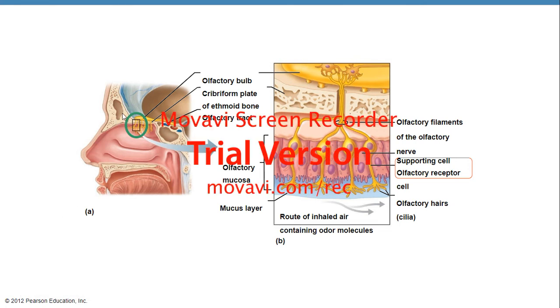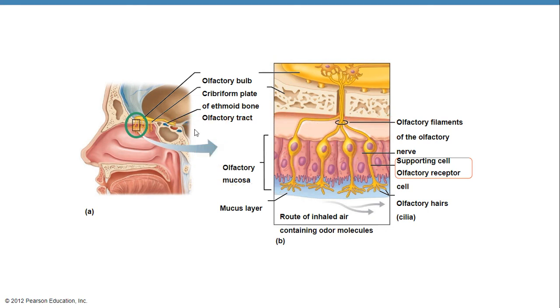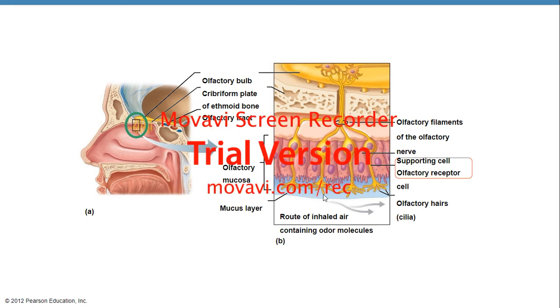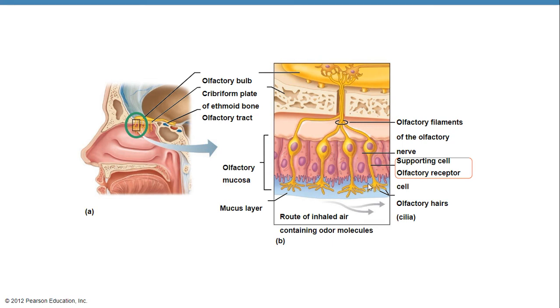And this is showing you the olfactory bulb, and then it's showing you how the smell has to be dissolved in the mucus layer, okay, and then you have these supporting cells with olfactory receptors that can sense those diffused chemicals and then transmit a signal, okay.